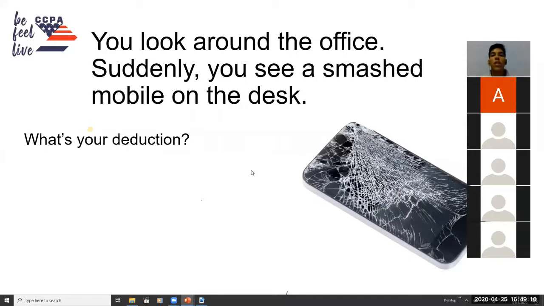Let's see. All right. You look around the office. Suddenly you see a smashed mobile on the desk. So a smashed mobile. What could have happened there? Any deductions we can make here? She might have tried to fight back, says Alex.